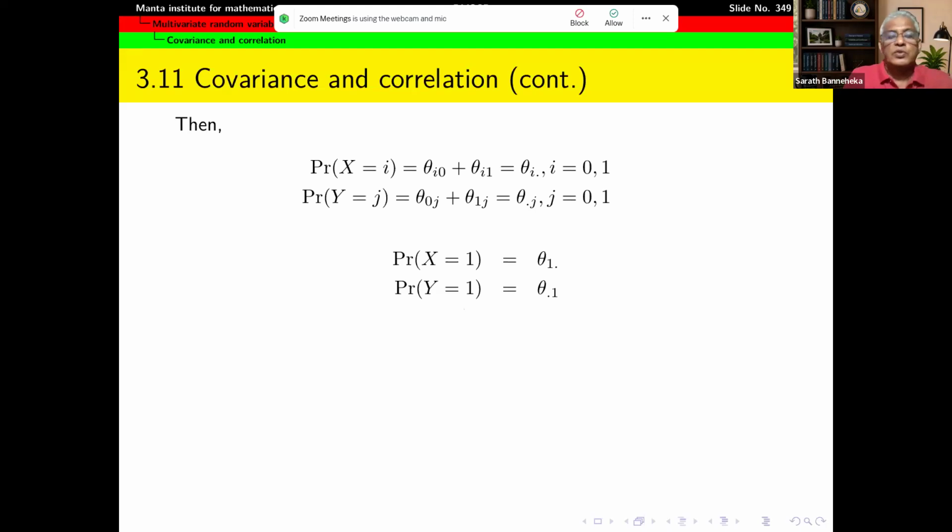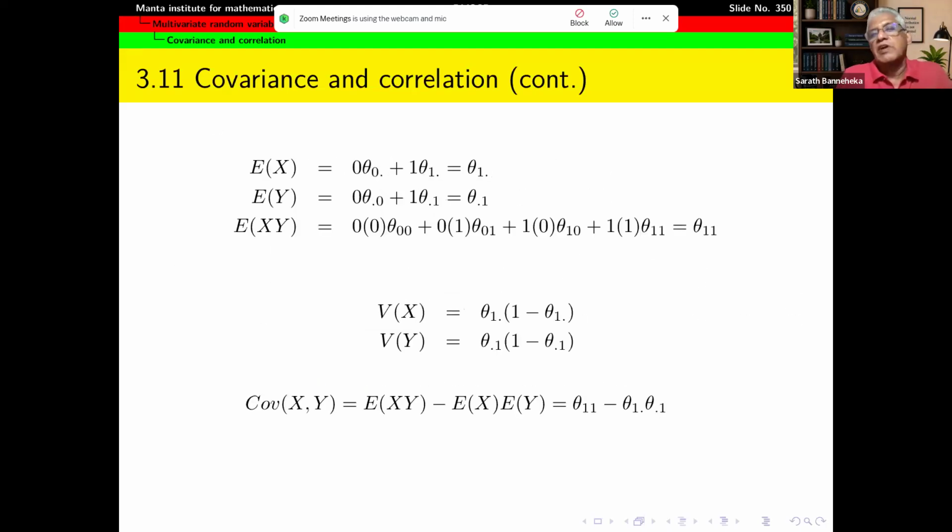So we can either derive the expected value by first principles, or we can just use what we know about the Bernoulli distribution. For the Bernoulli distribution, we know that the mean of the random variable is the same as the probability of success. Therefore, the expected value of x should be equal to the probability of success, theta 1 dot, and we can actually prove it like this: 0 times the corresponding probability plus 1 times the corresponding probability.